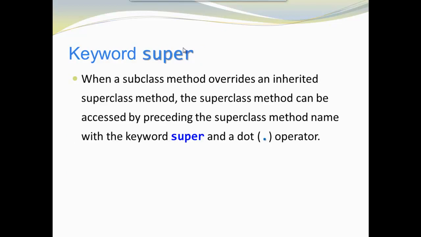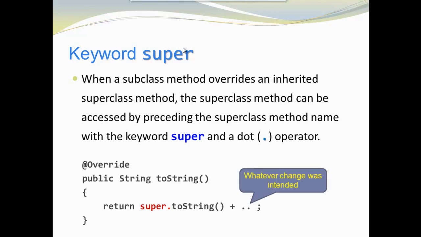We saw already how the keyword super can be used to invoke the superclass constructor. It can also be used to invoke a method implementation of the superclass. When a subclass method overrides an inherited superclass method, the superclass method can be accessed by preceding the superclass method name with the keyword super and a dot operator.